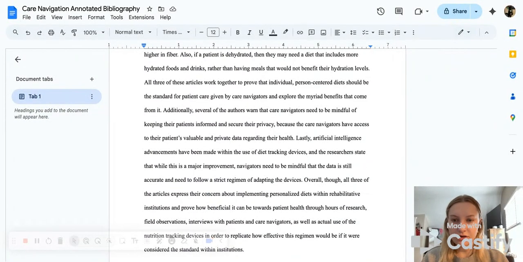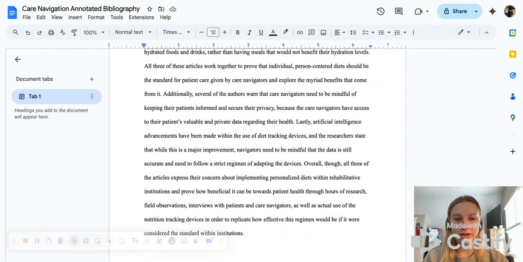But overall, all three of these articles work together to prove that individual person-centered diets should be the standard for patient care given by care navigators, because it explores the myriad benefits that come from it. Several of the authors also warn that care navigators need to be mindful of keeping their patients informed and securing their privacy.